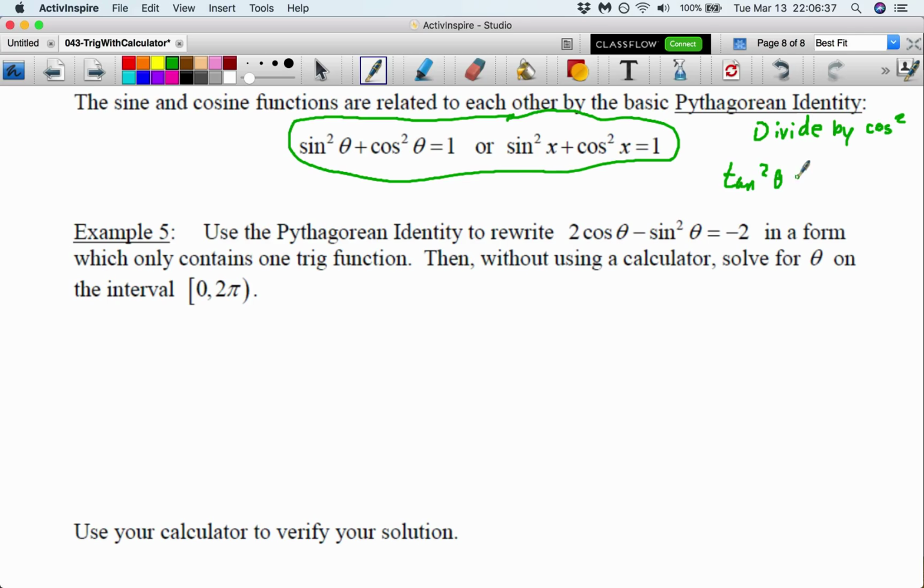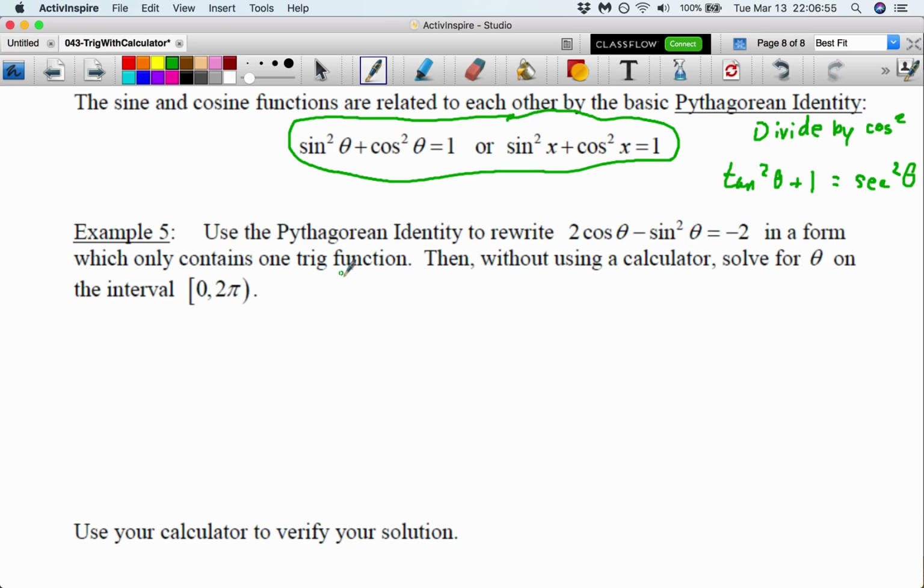Cosine squared over cosine squared is 1. 1 over cosine squared is secant squared. This is the other only identity you have to know. If you felt like this class was going to be a lot of identities, it's not. It's only these ones.